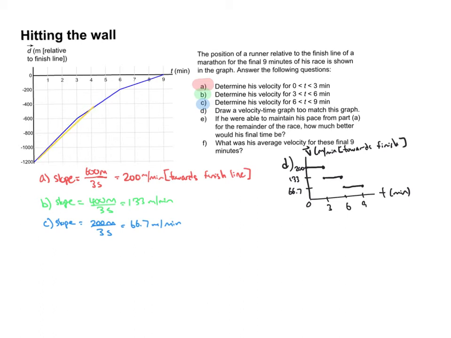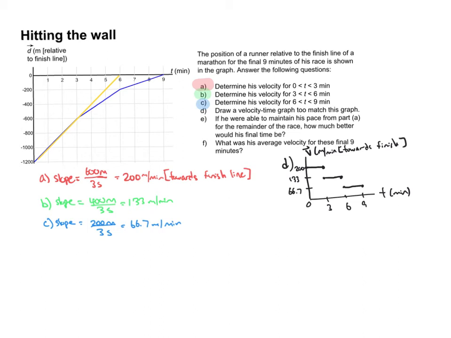So if I just follow the same slope until it hits the time axis, it's not the most accurate. I can see with my eyes that my yellow line is not exactly the same slope as the beginning blue line, but it's pretty close.